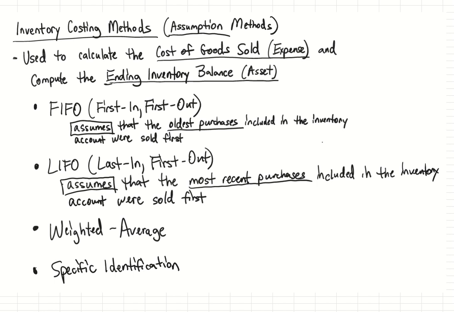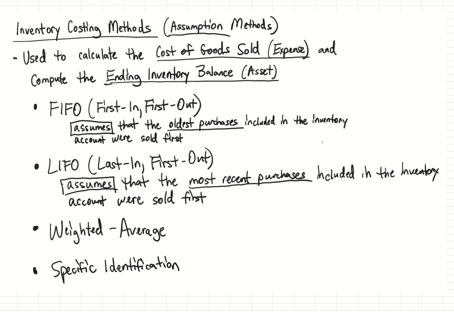So when you purchase these items in bulk, you can get an average cost per item by taking the total amount that was purchased divided by the number of items that were purchased. But you technically don't know how much each item costs.